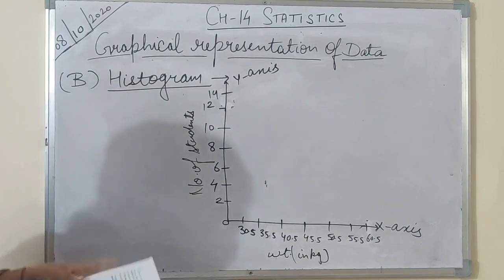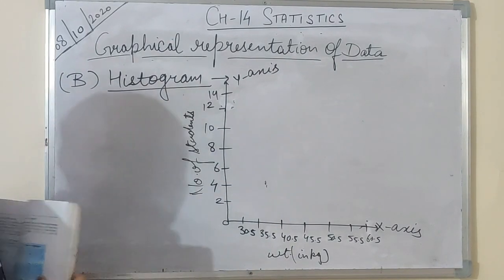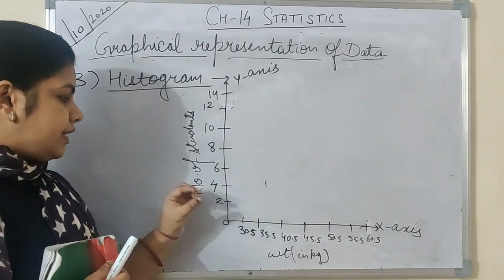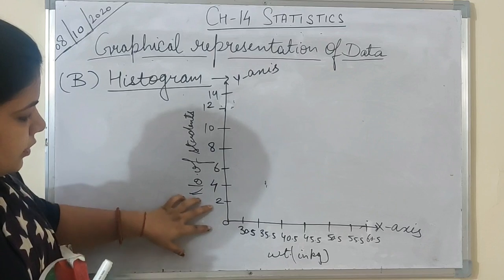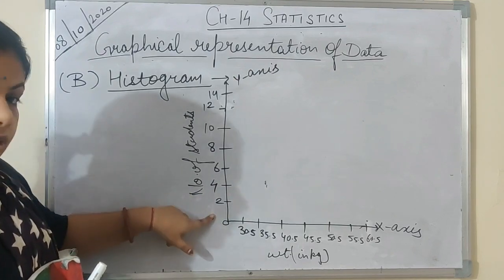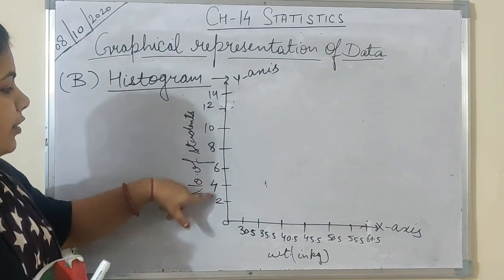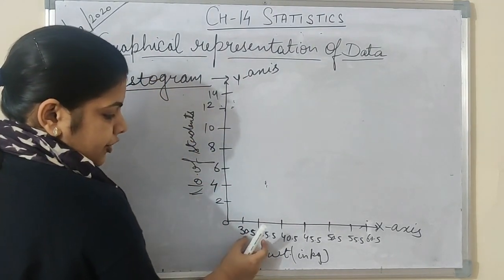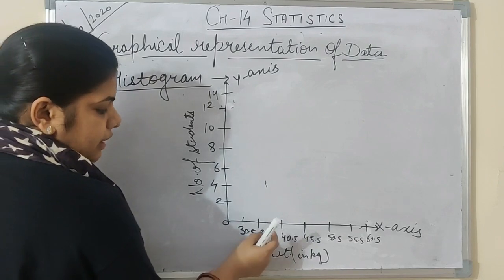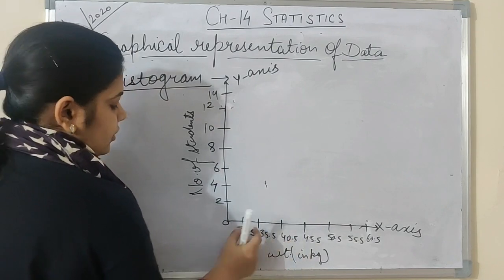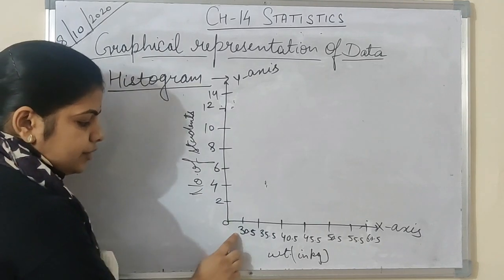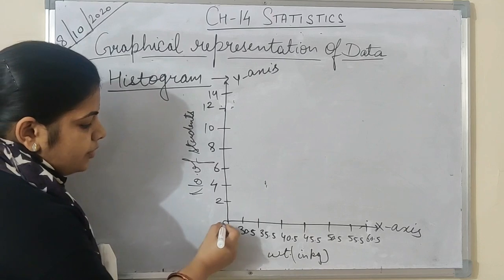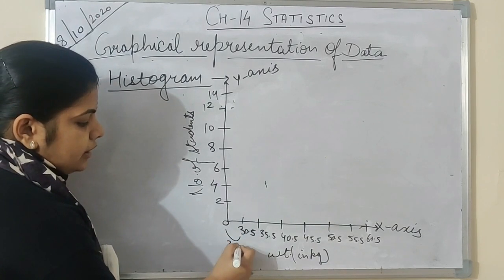Now first of all, observe one thing. You will observe that here the gap is equal. Here the gap is of 2, and above it gaps of 2 are coming. But here, if we start from zero, you will observe that the gap is 30.5, because if we subtract 0 from 30.5, we get a gap of 30.5.